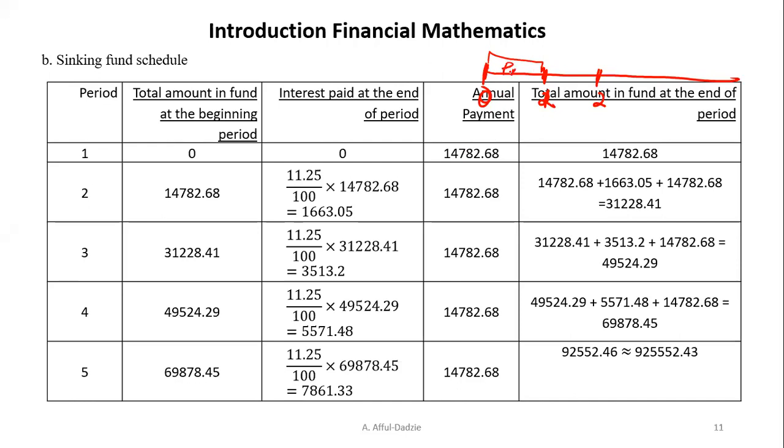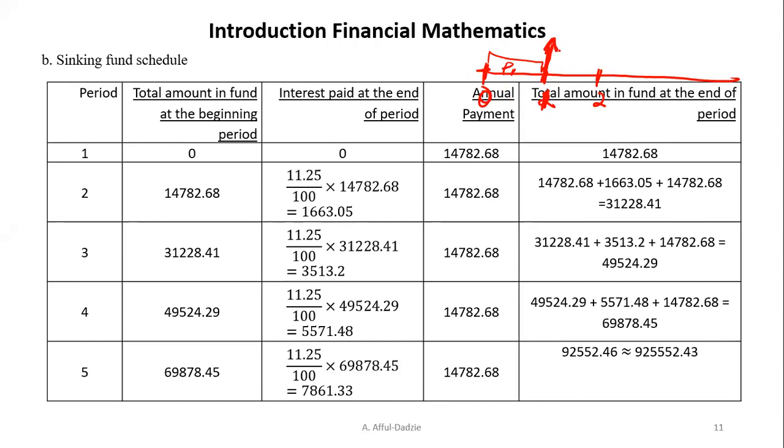But this point 0 is the beginning of period 1, and then 1 here is the end of period 1. So if our first payment is made at the end of the first year or the first period, then this is where our first payment is going to be.